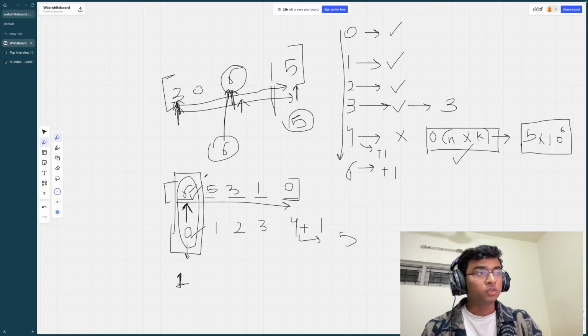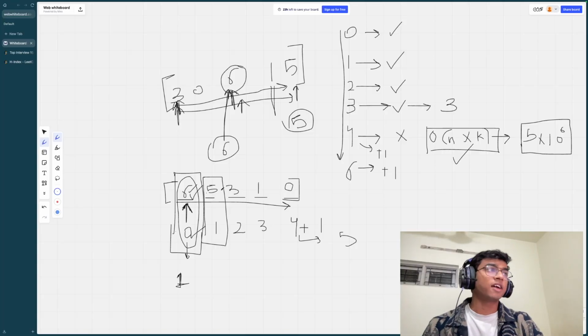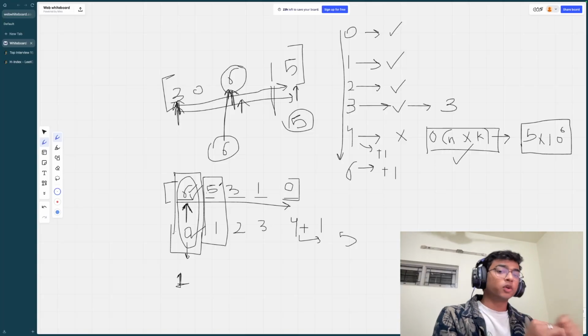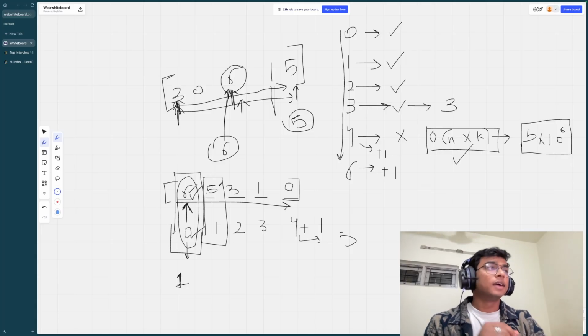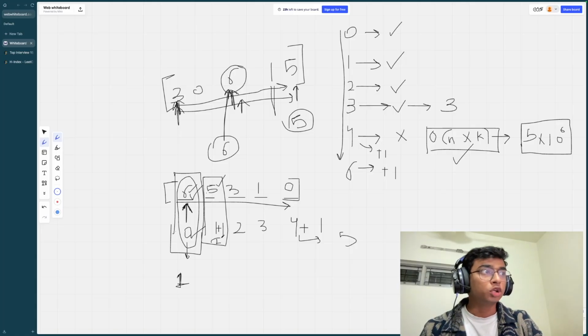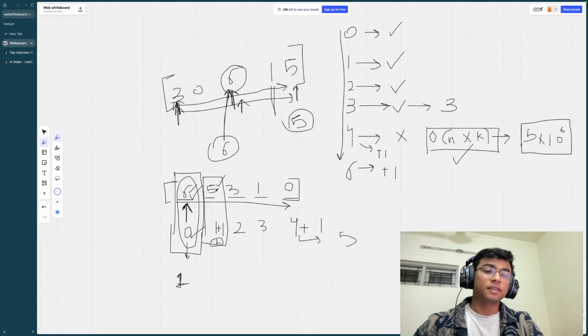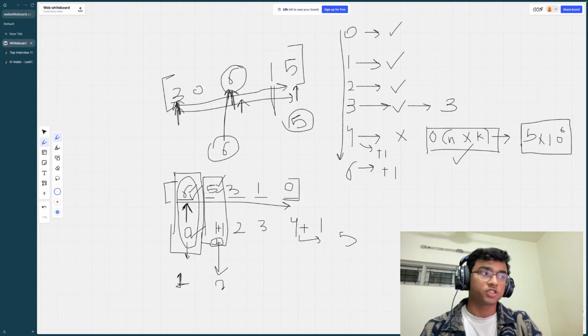Now when we go to the next iteration, our index has gone to 1 and our citations have gone to 5. For this paper to contribute to our h-index, its citations should be greater than or equal to index plus 1. So index plus 1 is equal to 2, which is less than the number of citations, so the h-index of 2 is also satisfied.